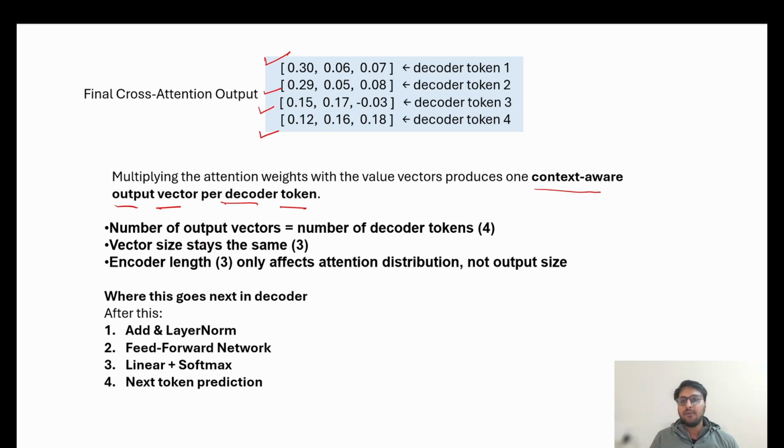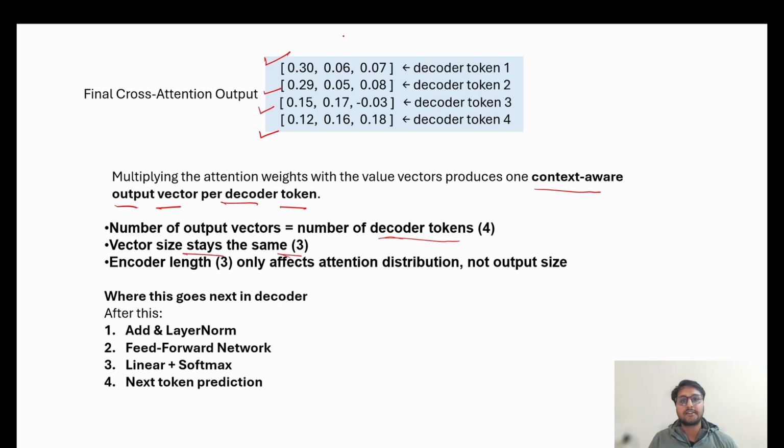Now you saw that in the decoder we have 4 tokens, but in the encoder we have 3 tokens. That does not create any problem, because of the attention mechanism the vector size stays the same.